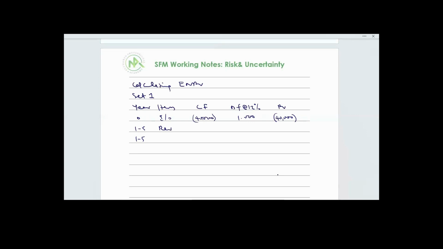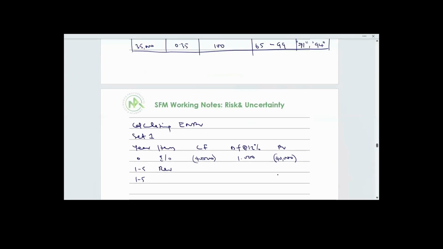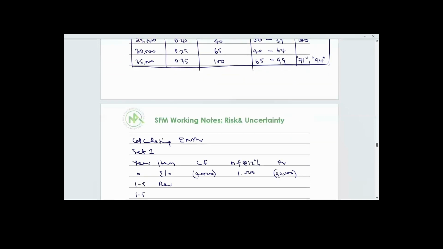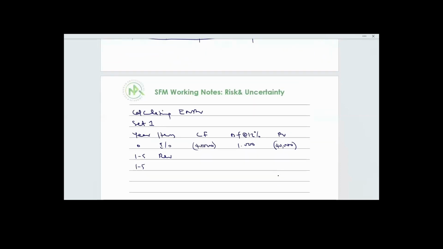I will go back to the question, to our calculation for set 1, revenue as well as the running cost. Like I said, when you want to calculate your NPV, you are going to be pairing inflow and outflow of resources set by set. For set 1, what is the random number for revenue? It is 30.